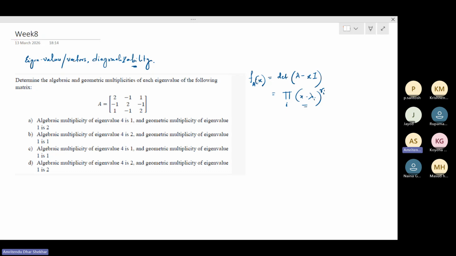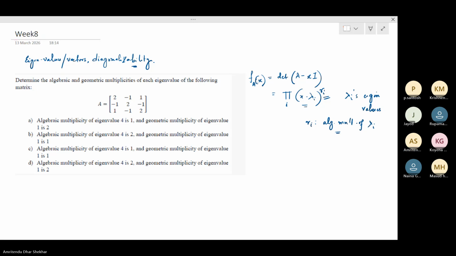Then these lambda_i's are the eigenvalues, and the power that you see is the multiplicity of that eigenvalue. We'll call r_i the algebraic multiplicity of lambda_i.